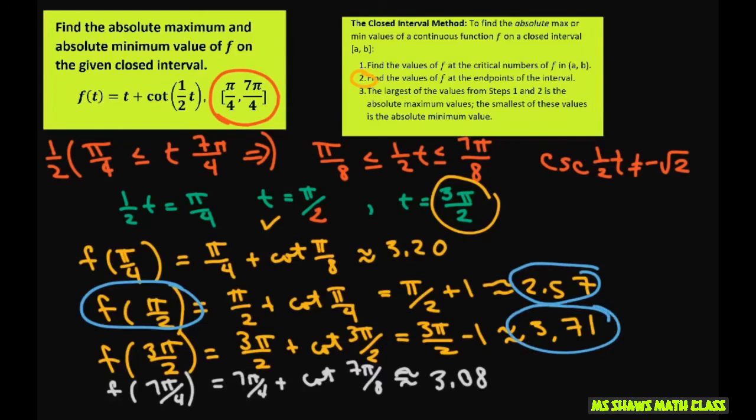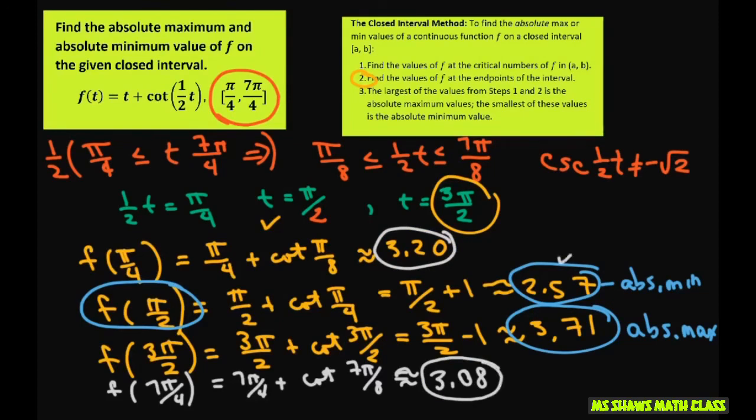So this one is your absolute max. And your minimum is this one, absolute minimum. These again were your 4 numbers. All right, this was your smallest number, so that's your minimum. This was your larger number, so this is your max.